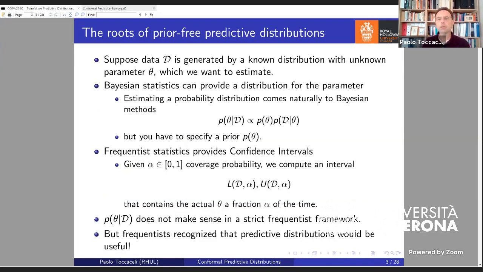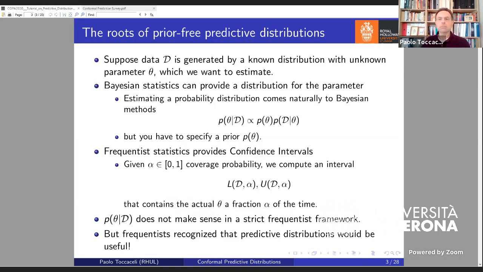So let me start by giving some sort of a historical context. Statisticians started investigating a similar problem, not exactly the one that we are addressing with predictive distribution. And the problem was one of parametric inference. So suppose we have data D generated by a known distribution with a known parameter theta, which we want to estimate.